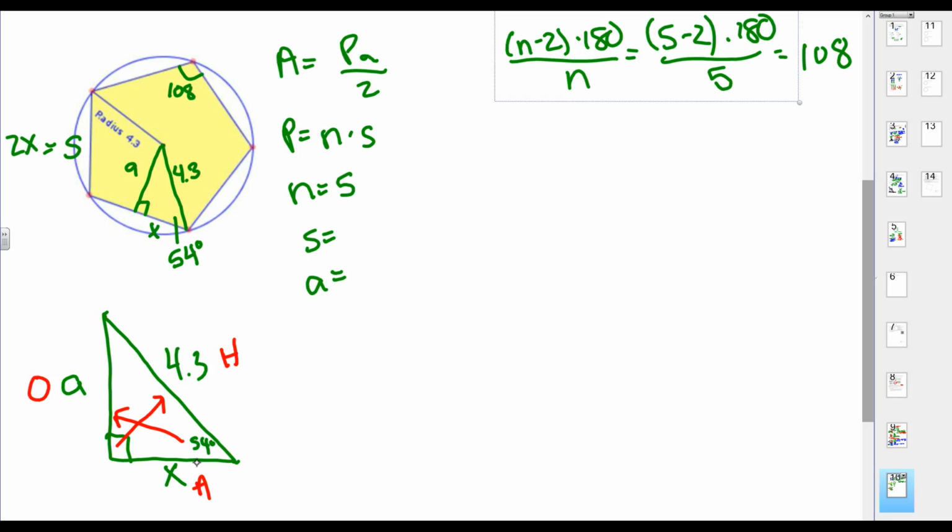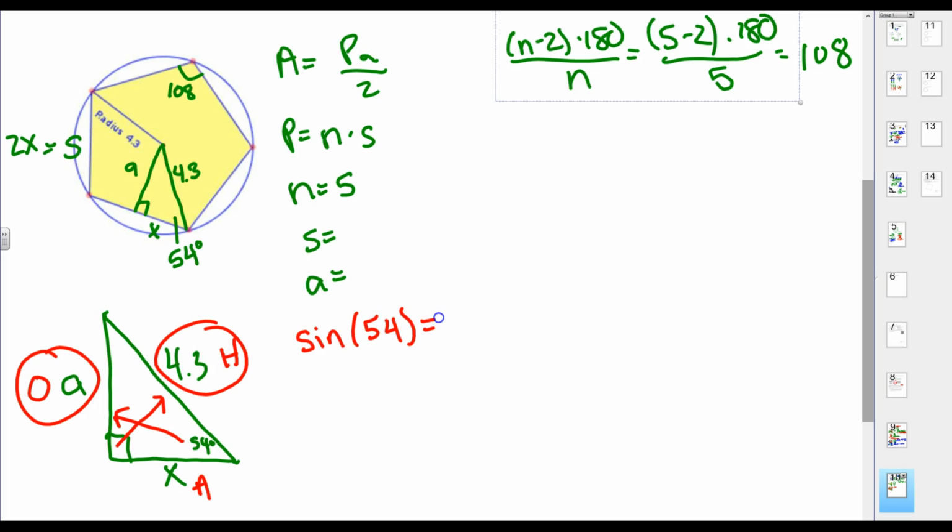Now, you're going to have to do trig twice in order to solve this problem. Once to find the apothem, once to find the x value. I'm going to do the apothem first. My apothem is my opposite. 4.3 is my hypotenuse. So that's going to be a sine function. So I'm going to do sine of 54 equals my opposite over hypotenuse, which is 4.3.